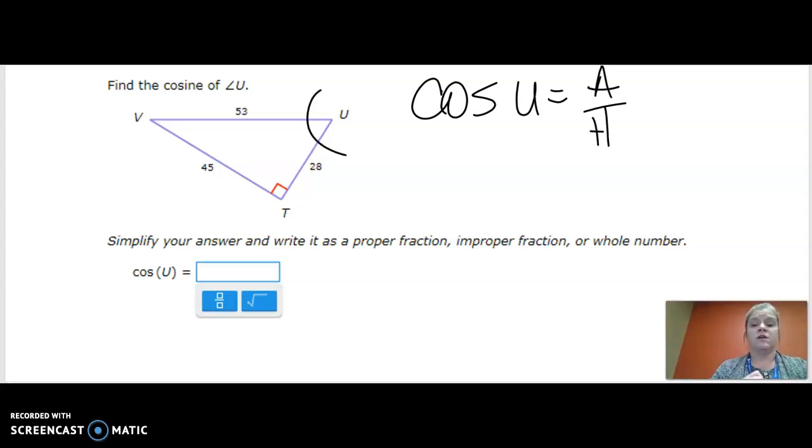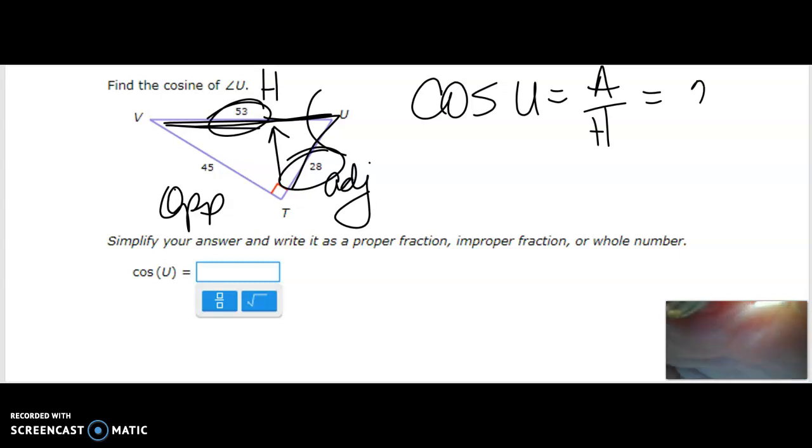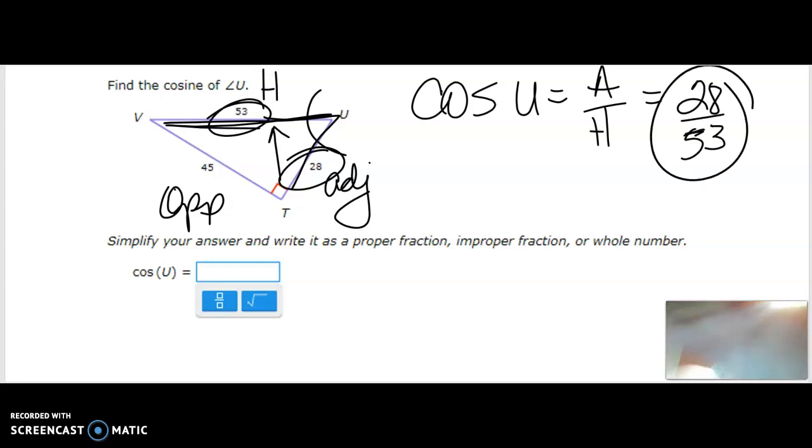We're looking at angle U. The hypotenuse is always the hypotenuse, and the right angle always points to what the hypotenuse is. 45 is opposite U, and 28 is adjacent. So we are going to use 28 and 53. That does not reduce. So 28 over 53 is your answer.